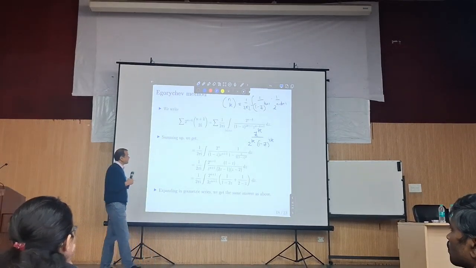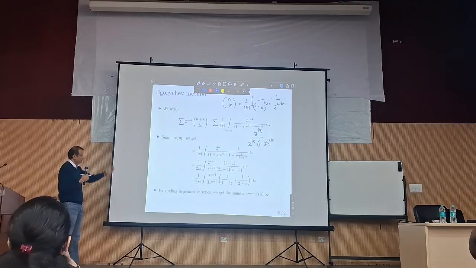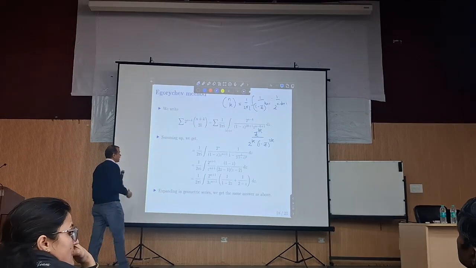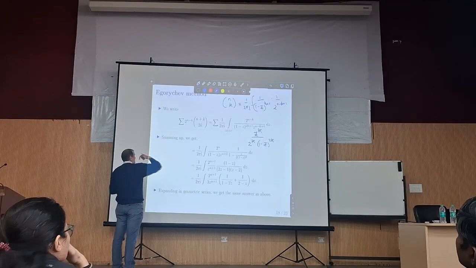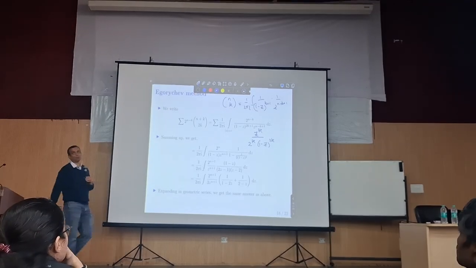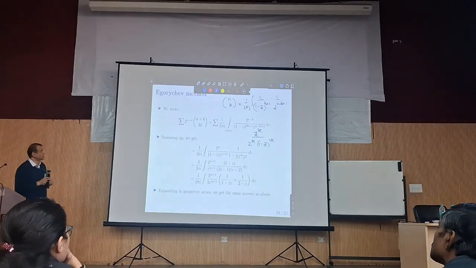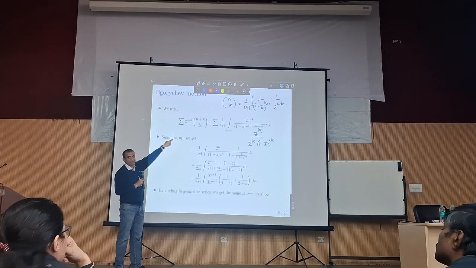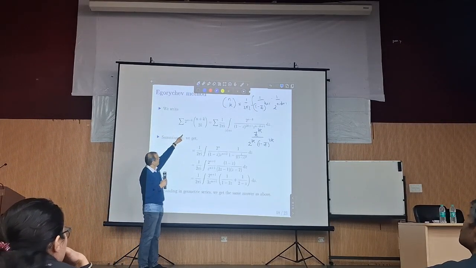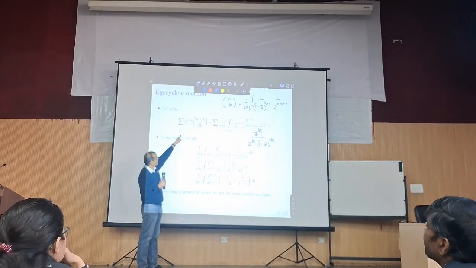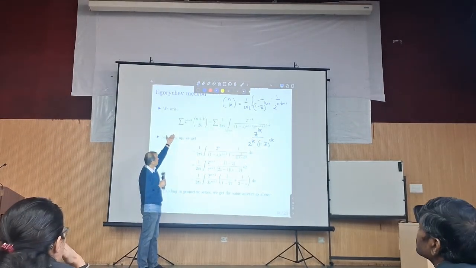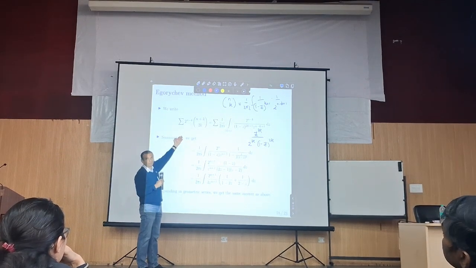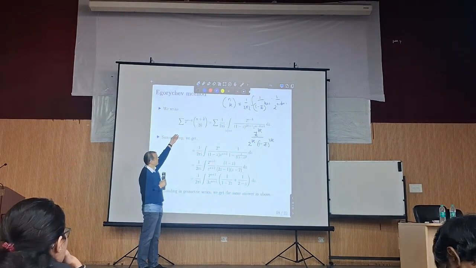Now one thing that I have not mentioned is why I am allowed to take this k to go from 0 to infinity. So ideally, if this is n plus k choose 2k, remember that you have 2k in the bottom and n plus k in the top. So ideally, you would like to consider the summation from k equal to 0 to n.